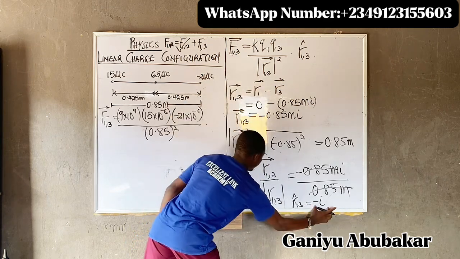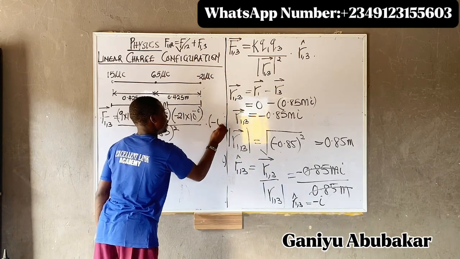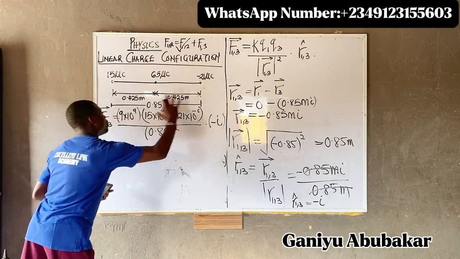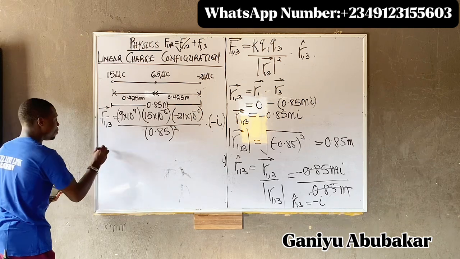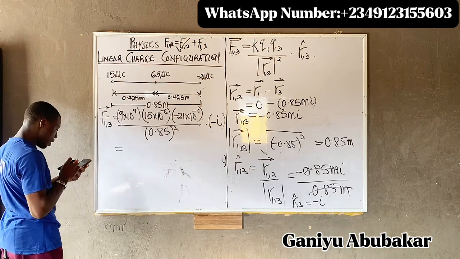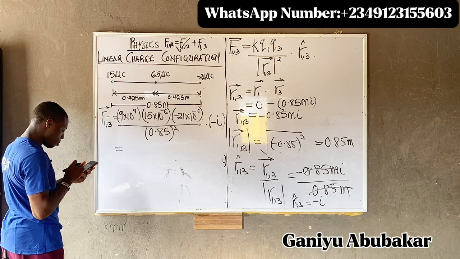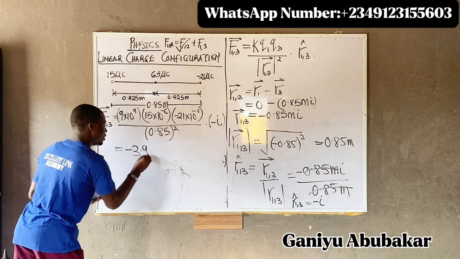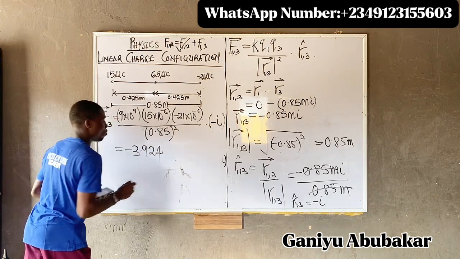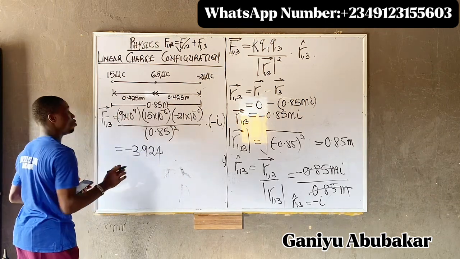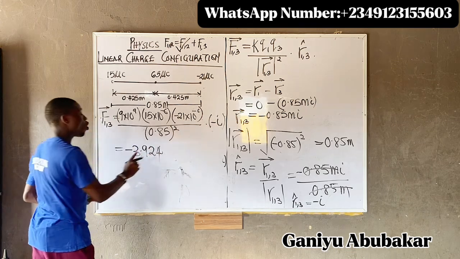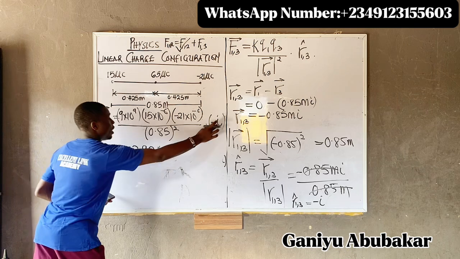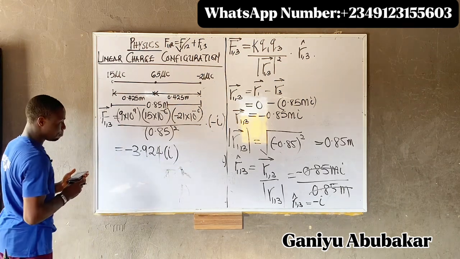If I'm to save time, point all these values here on the calculator. You should have a value of minus 3.924. This minus comes out first, and all the value here gives you this, then I have the i in this form.